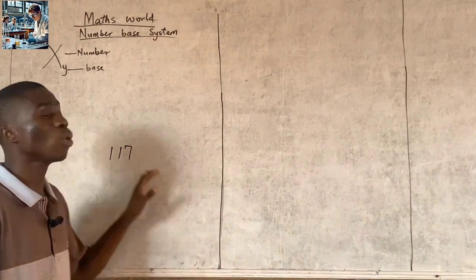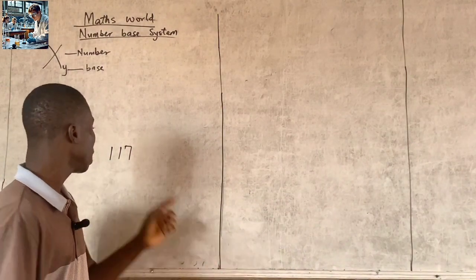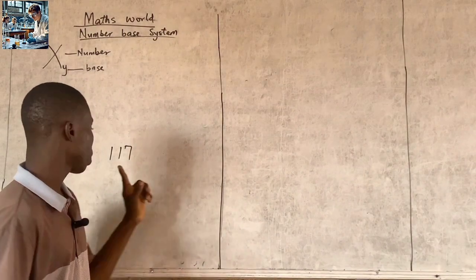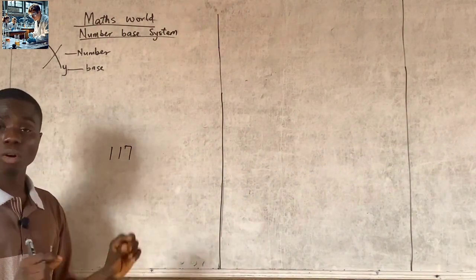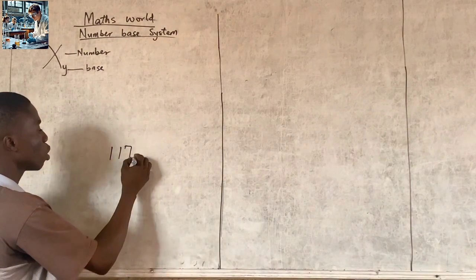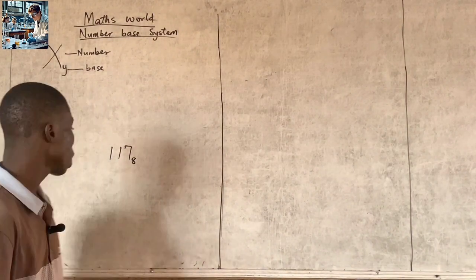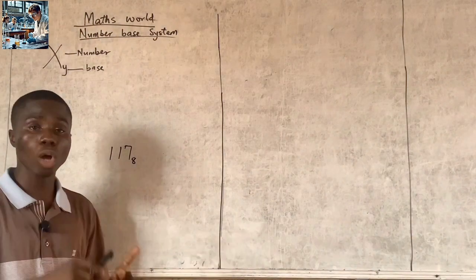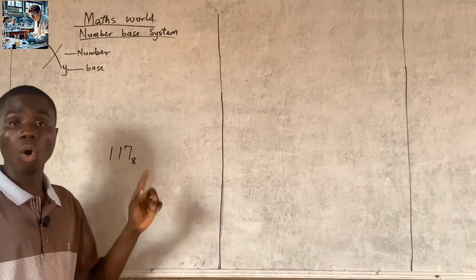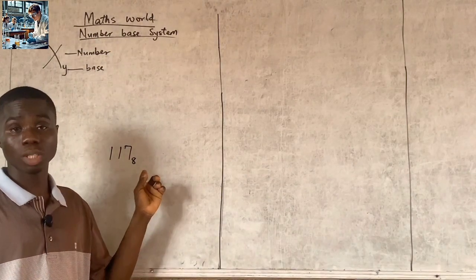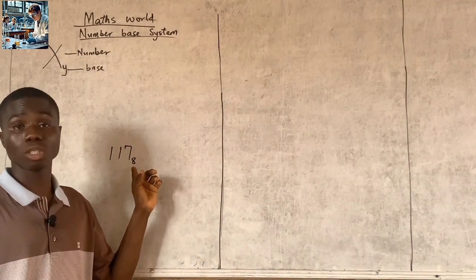So the base that you must give it must be greater than this 7, which is the highest number in that number. So you must give it a number that is greater than it, for instance 8 or 9 or 10, 11, and so on. It must not be equal to the highest number, or a number less than this number.